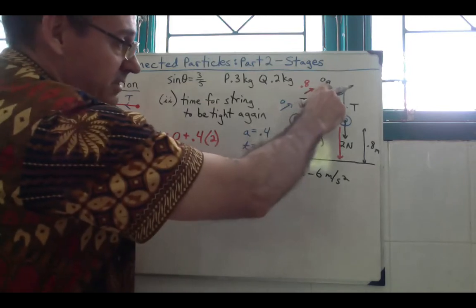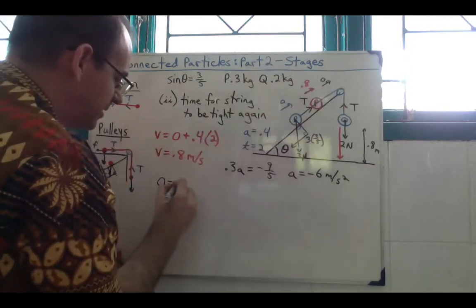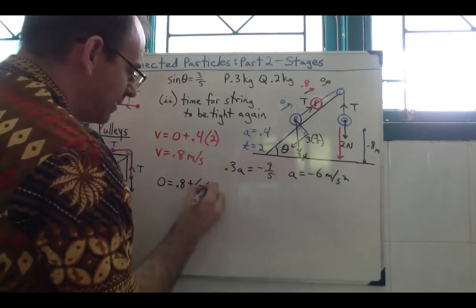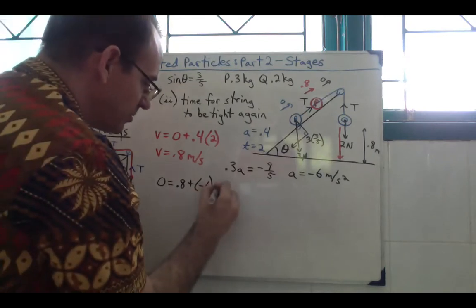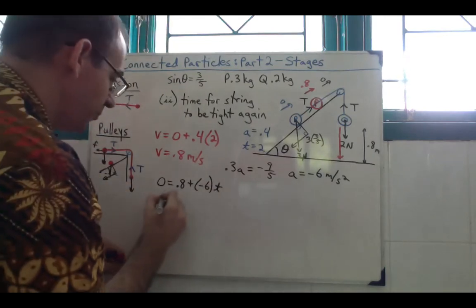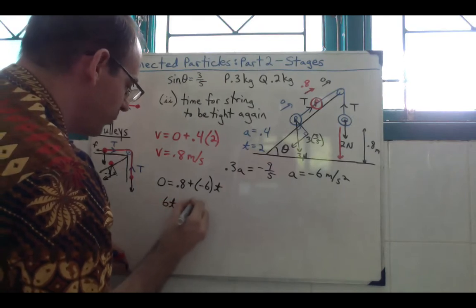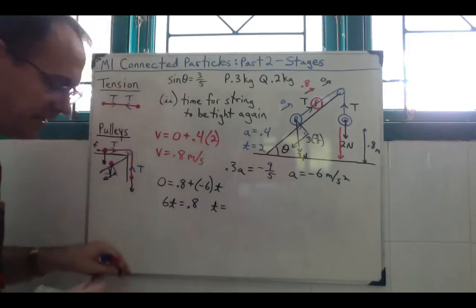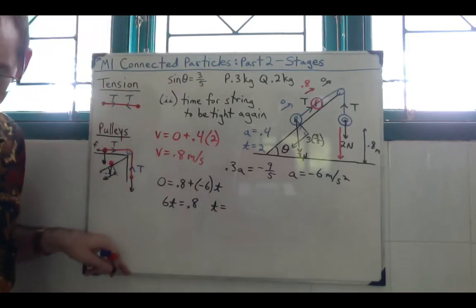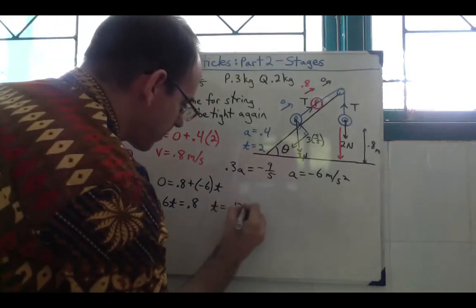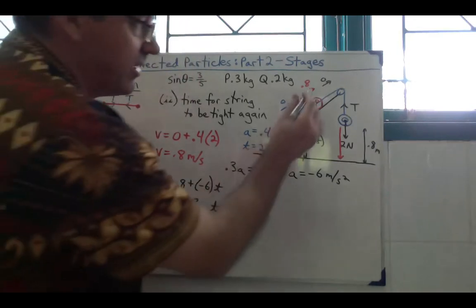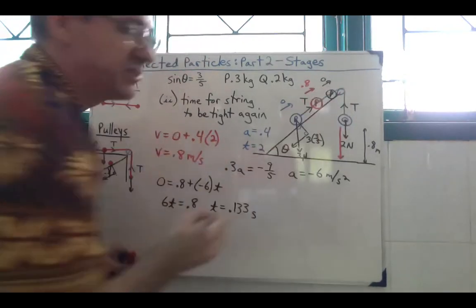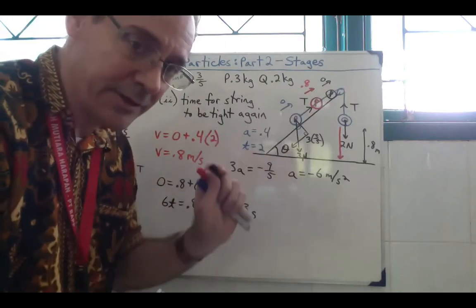Our initial velocity is 0.8 plus a, now a negative 6, our acceleration, and we're solving for time. So we get 6t equals 0.8, and when we solve for t, that's going to take us 0.133 seconds to get from here up to here, where P now stops because it has run out of velocity.